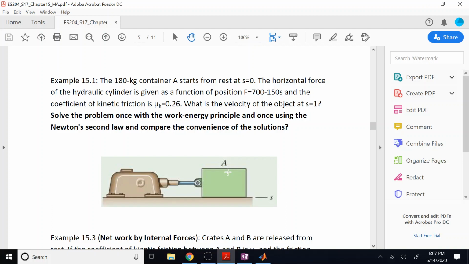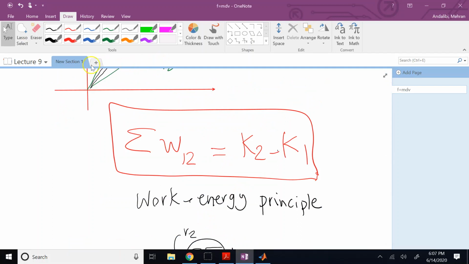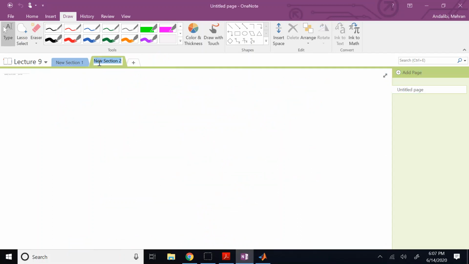Okay, so let's get started on this. So here we draw the free body diagram of the box. So this is our box, and on this box there are several forces acting.